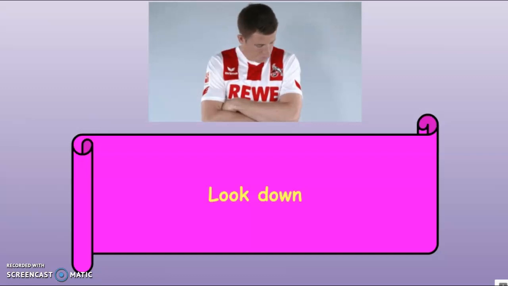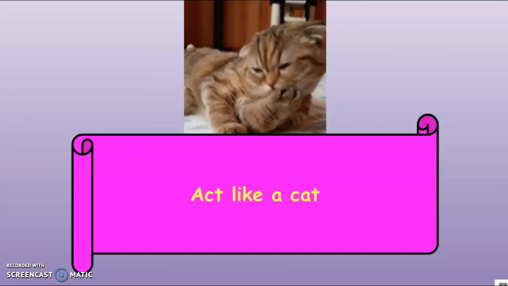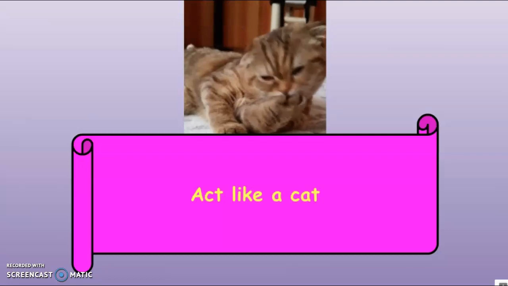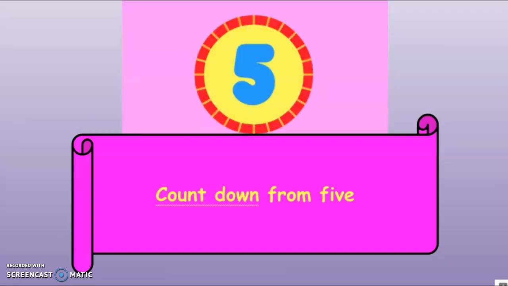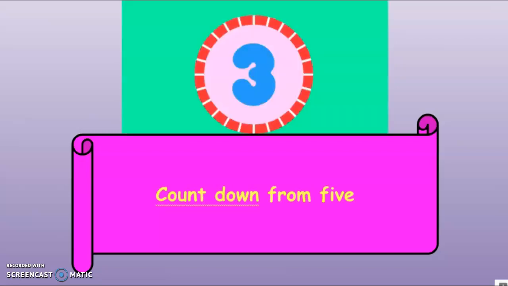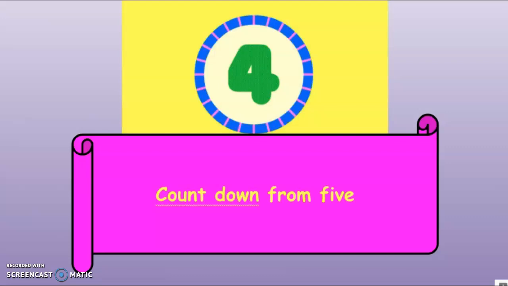That is something we are doing. Act like a cat. What is a verb? The verb is act, because that is something we are doing. We are acting like a cat. We're going to count down from 5. 5, 4, 3, 2, 1. Blast off!